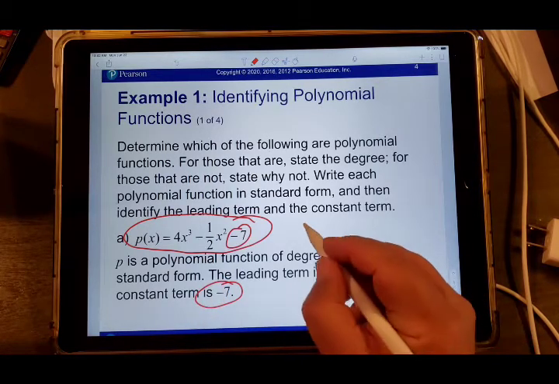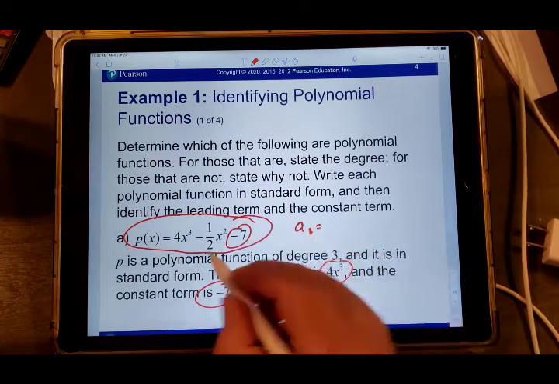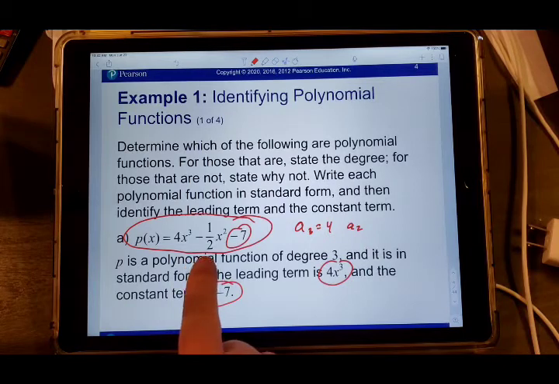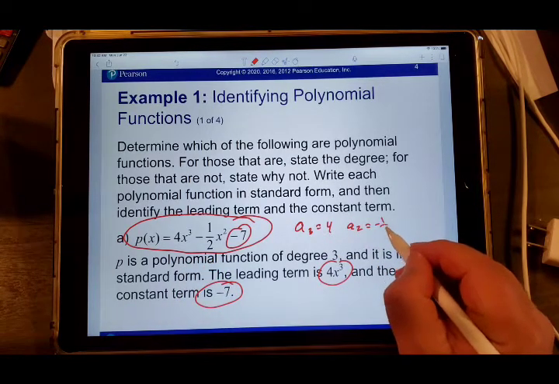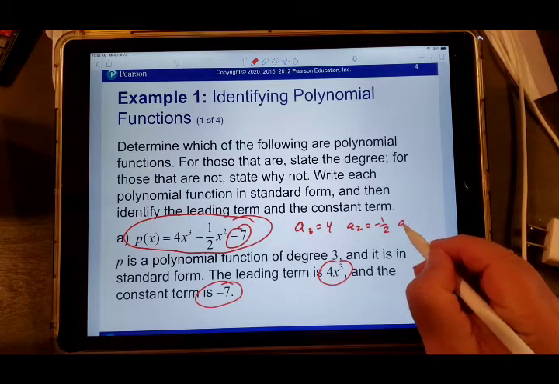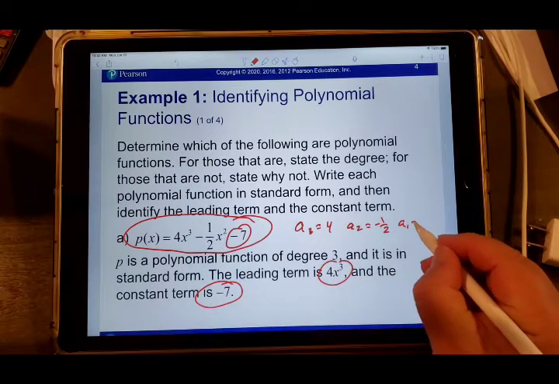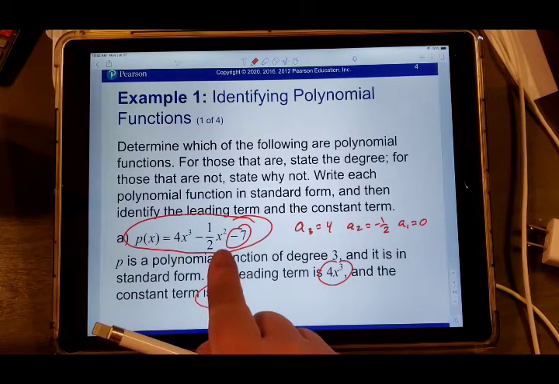So when I say take it a little further, I'm going to say what this means to us is a sub 3 is 4. A sub 2, do you see it? It's negative 1/2. And I should say literally a sub 1, you don't see it, since there is no term with x to the 1, so a sub 1 must equal 0. It's invisible, but we can think of it as a 0x in here.